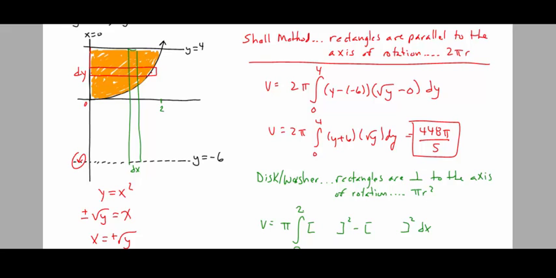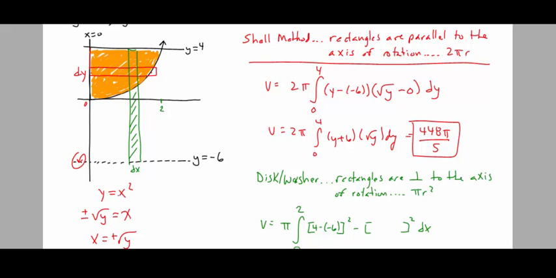And then I need this length. I need the upper, and that's going to be 4, upper minus lower, 4 minus a negative 6. So that 4 minus a negative 6 we can see is 10 units. And then we need to kind of chop off this piece that we don't want. So to cut off this piece, I'll be subtracting off this lower curve.